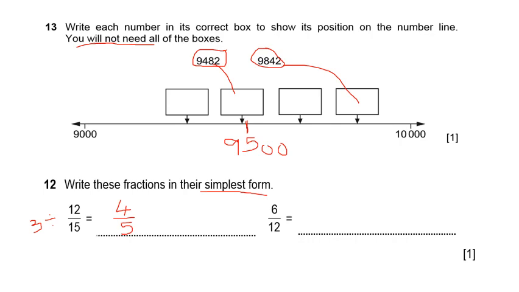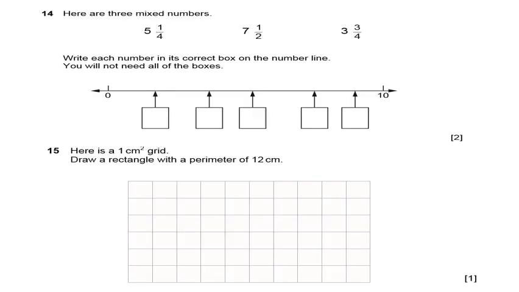Here we can divide by 2, by 3, but the best division is 6. Divide by 6. 6 divided by 6 is 1. 12 divided by 6 is 2. The simplest form of this fraction is 1/2. If you have a different answer, it is wrong. Sorry.